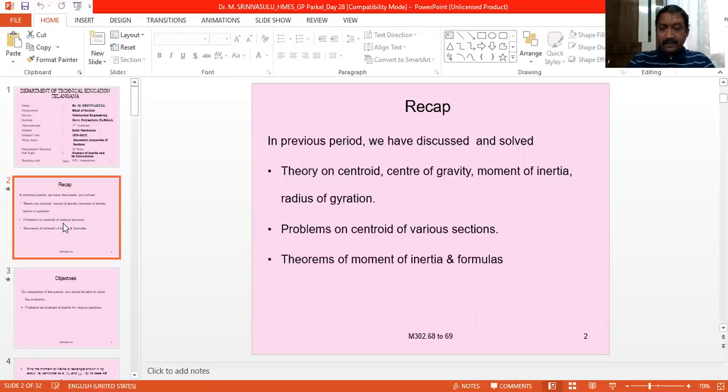We also learned the concept of MI, the theorems of MI, and the formulas for the standard figures for MI.